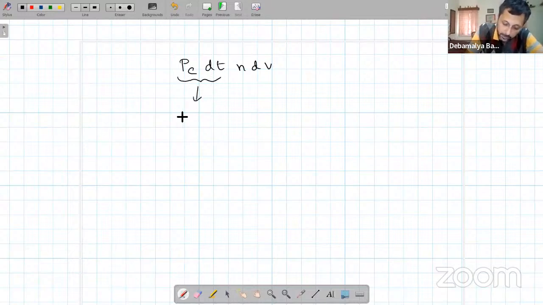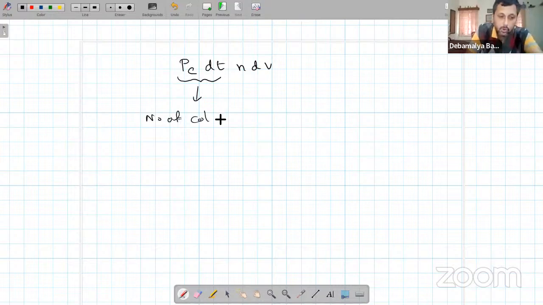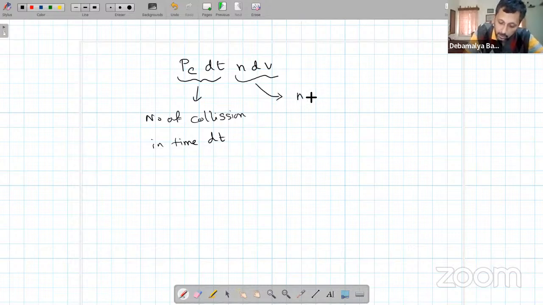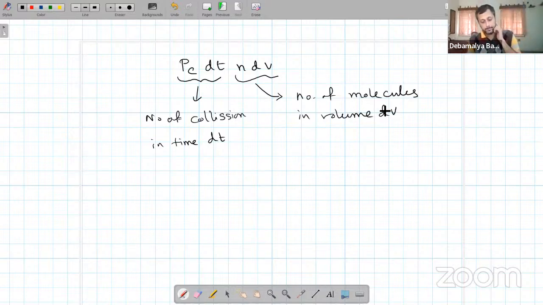So this is the number of collisions in time dt, and this is the number of molecules in volume dV.